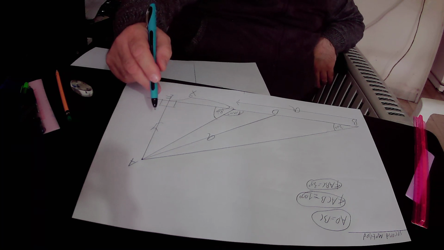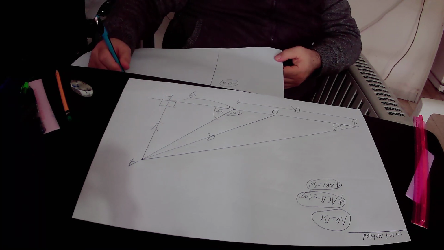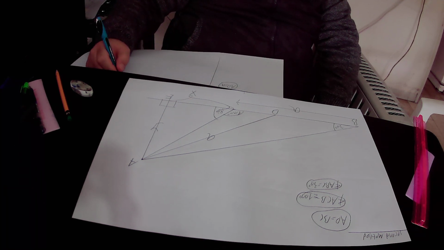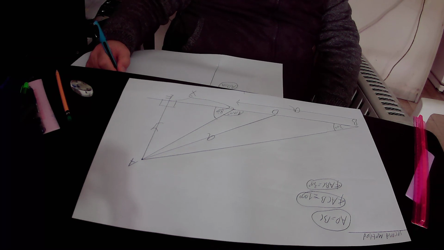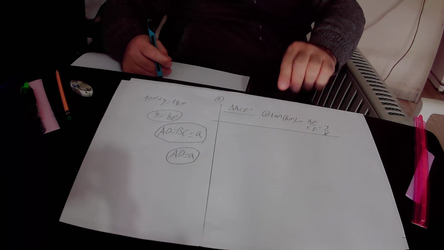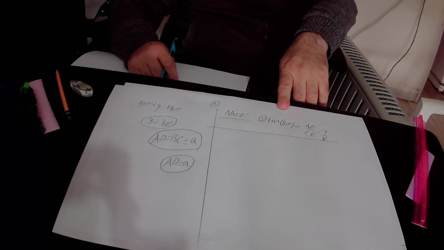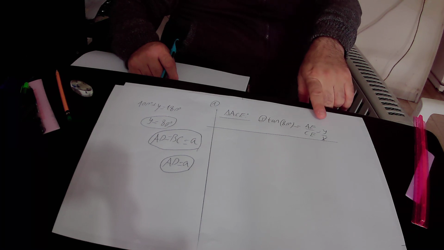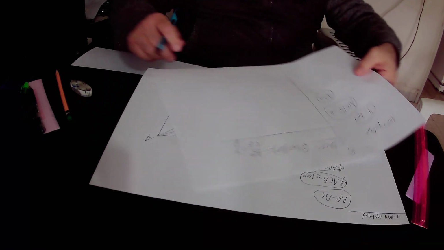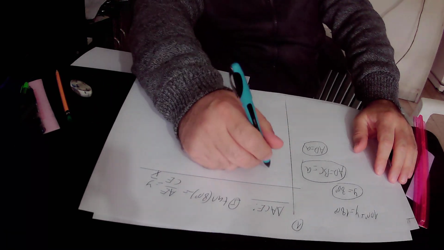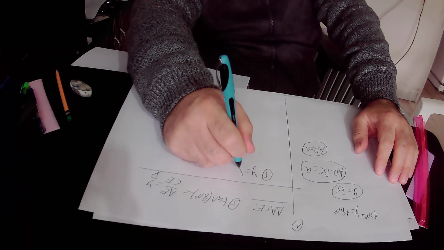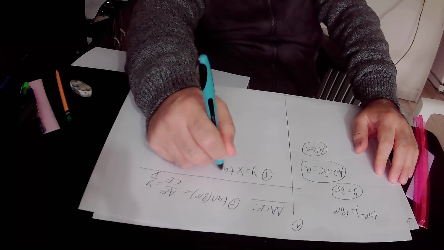But AE equals Y according to our definition, so we'll substitute AE by Y. And CE equals X according to our definition, so we'll substitute CE by X. In conclusion, according to equation number 1, tangent 80 degrees equals Y over X. We will multiply equation number 1 by X, and we will get that Y equals X tangent 80 degrees.